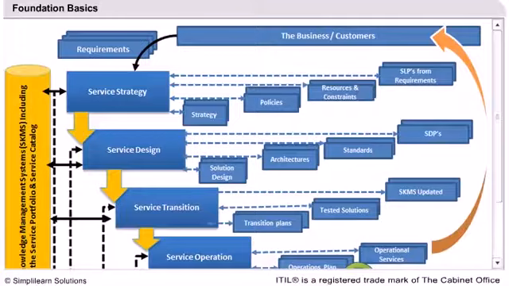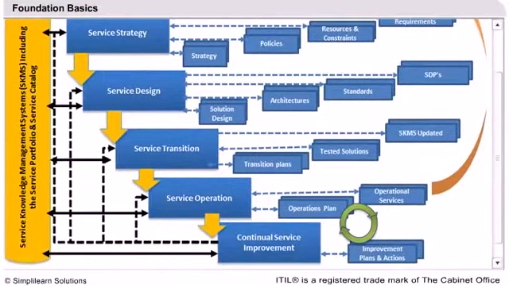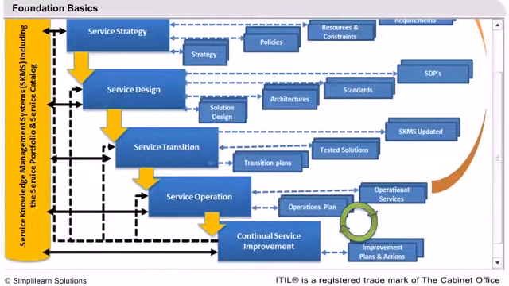During transition, once the live service is functioning error-free and the customer gives a sign-off, the service control is released to service operation for the day-to-day management of the service. During the operational phase, operations plan and operations services are delivered to the customer. This is the phase where the actual value is realized by the customers.